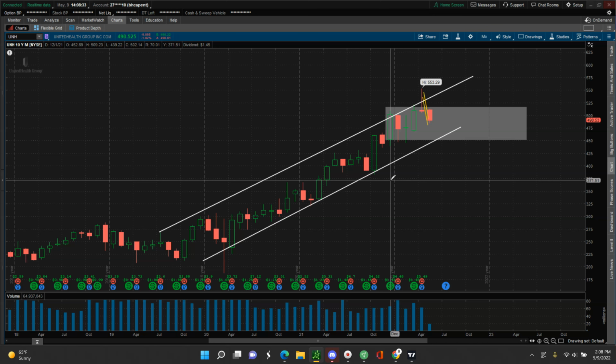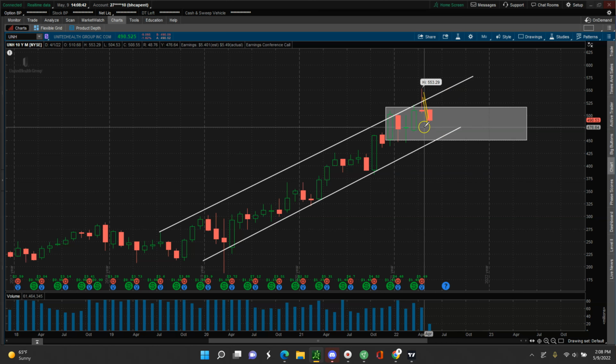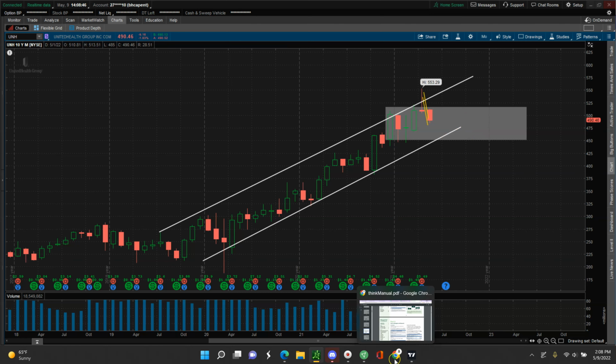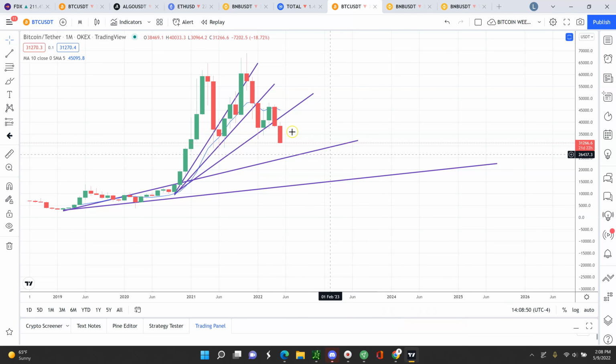So keep that in mind. And there are only three trends in the market: you got a bullish trend, you got a sideways trend, and you got a bearish trend. That's it. And like I said, UNH on the long-term chart is just sideways. Bitcoin on a long-term chart is just sideways, and it's encroaching on that bearish trend territory.